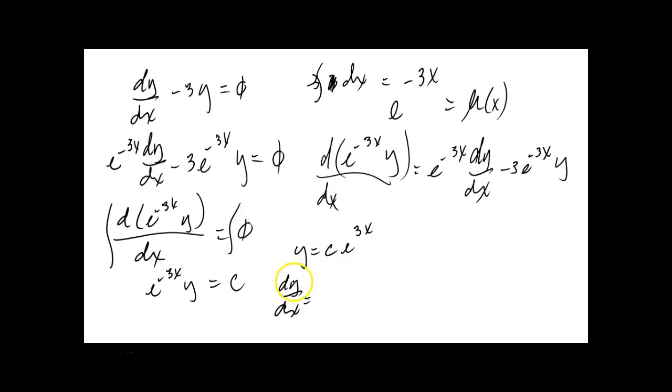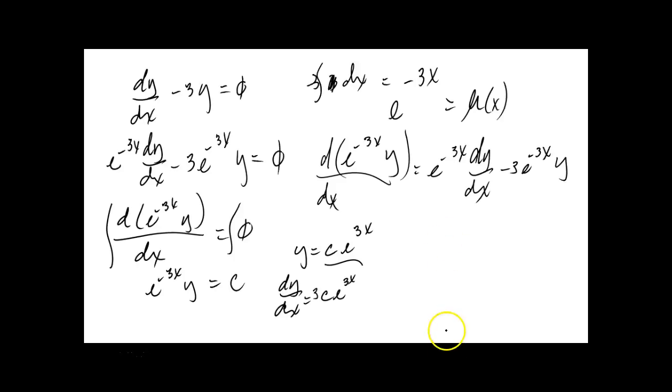Take the derivative of this. Well, c is a constant, so just use the constant multiple rule: c times e to the 3x, which is not a negative anymore, but the chain rule gives you a 3 there. So there's your dy/dx.